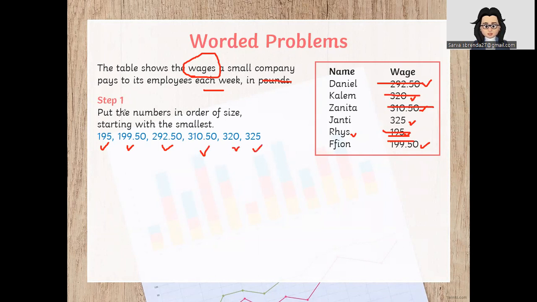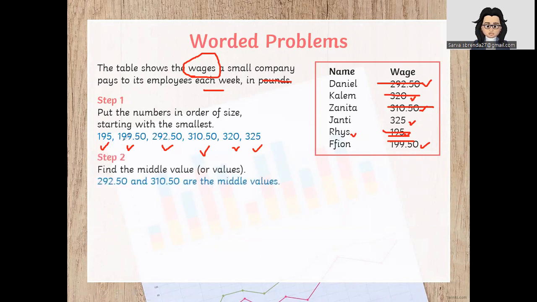Now you start eliminating the first and the last values, and you can see there are two values in the middle, which are $292.50 and $310.50. They are the middle values.